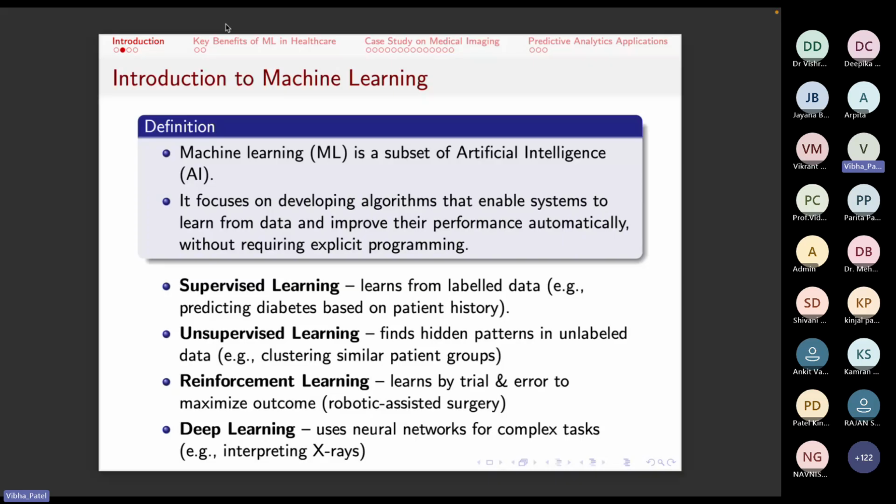It's something like a child learning step by step. We know that from the age of 0 to 5, a child's capability to acquire knowledge is maximum. Whatever you feed to them, they'll grab very easily.